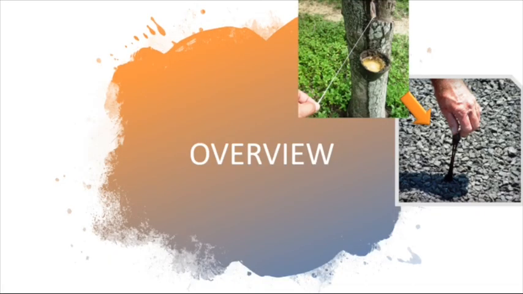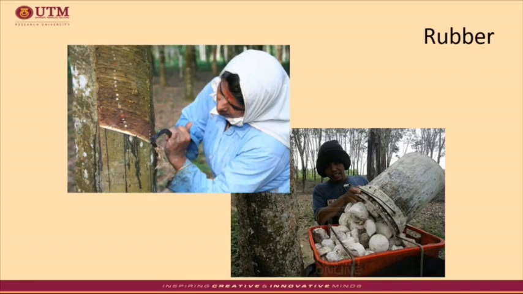Let's have a look at the overview of the rubberized asphalt in the road industry. Natural rubber technologies are becoming more widespread in numerous applications, enhancing its usage in various forms of products.